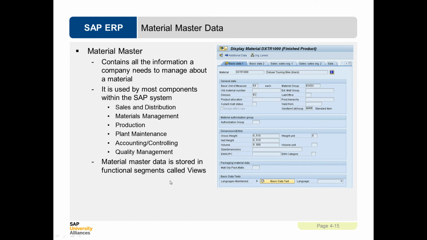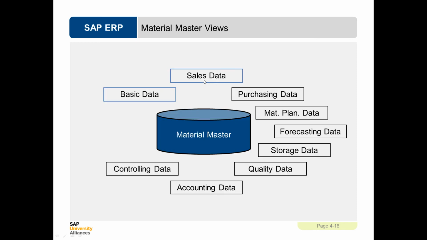Now, you'll notice a number of tabs up here. These tabs are referred to as views, and the material master, for example, you're looking at the basic data, but the material master and all other master data comes in different views. These views are set up according to the functional area that the person works in.